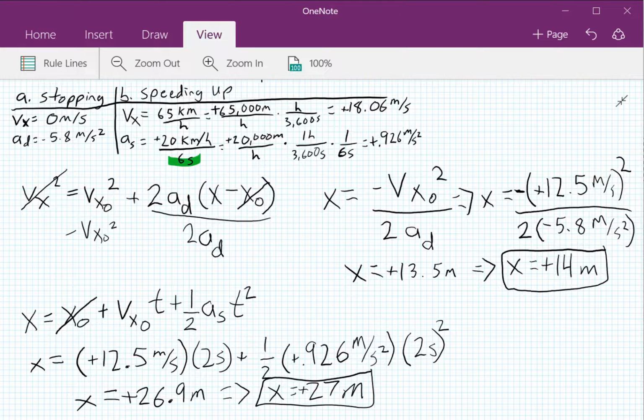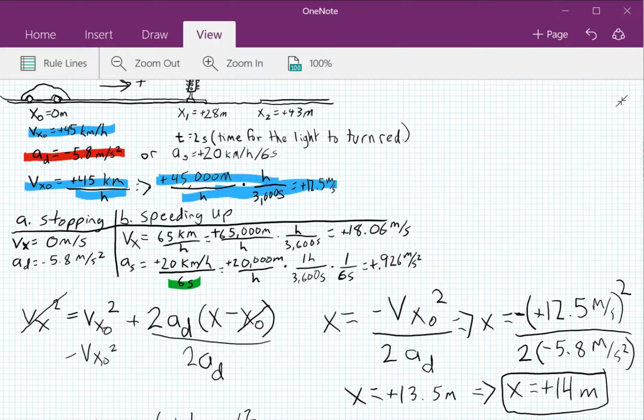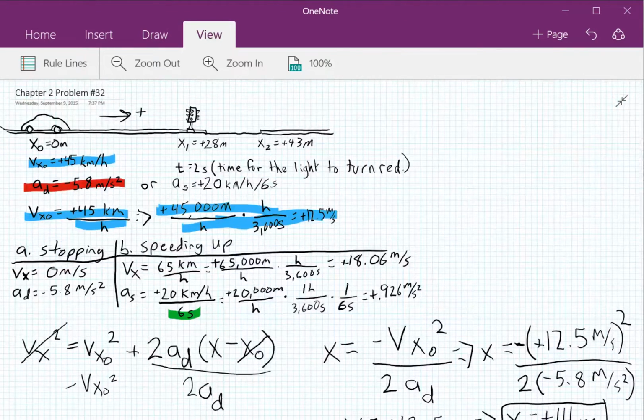Because keep in mind, this 27 meters tells us that the person speeding up in 2 seconds is going to be going over the 45 kilometers per hour that they started at. They won't be quite at the 65 kilometers per hour that they could reach in the 6 seconds of acceleration, but that's way too fast to be able to stop. Obviously, we know that it took 14 meters to stop when you're at 45 kilometers per hour. So by speeding up, not only are they not going to make it, but they're going to make the crash even worse.